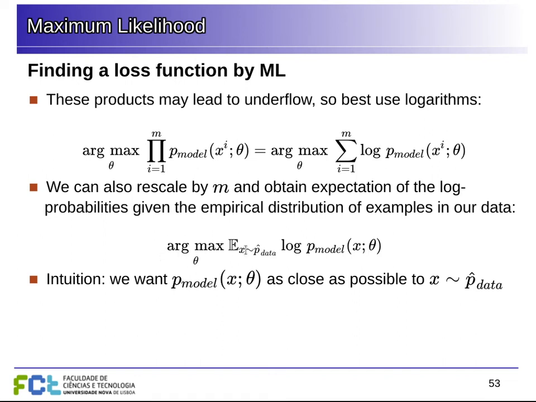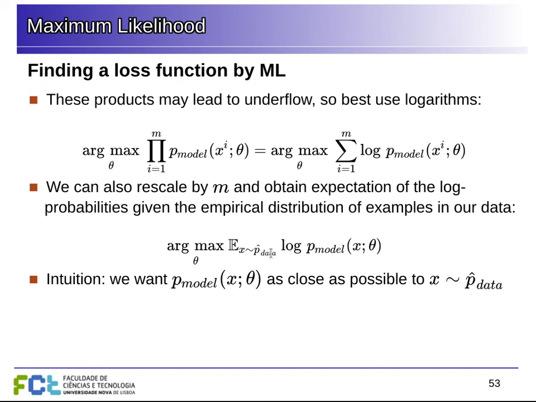We want to maximize the expected probability of some x according to our model. So our model, we give an example and the model can tell us how probable that example is. And we want to maximize the average of these probabilities for examples drawn with some particular distribution, because these are the actual examples that we have.